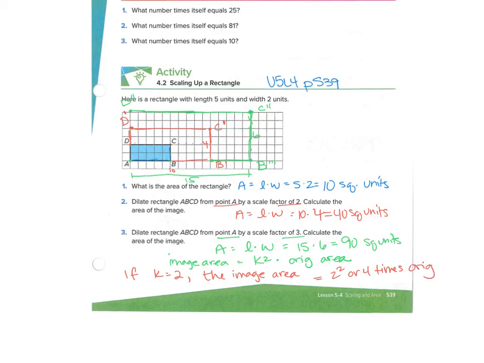So let's go take a look at it. Is 40 4 times my original of 10 units? Yep, it is. So now let's take a look at my larger green one. If k equals 3, K was 3. 3 squared, or 9 times the original area.